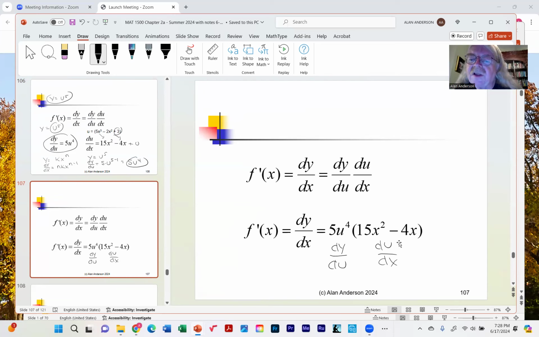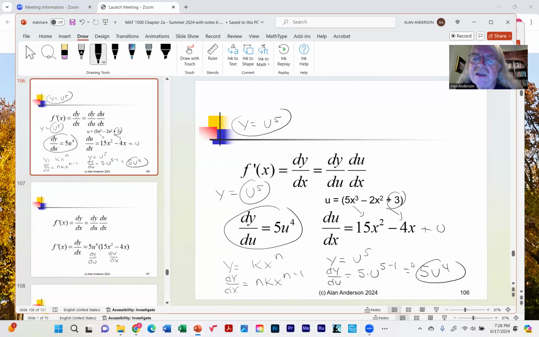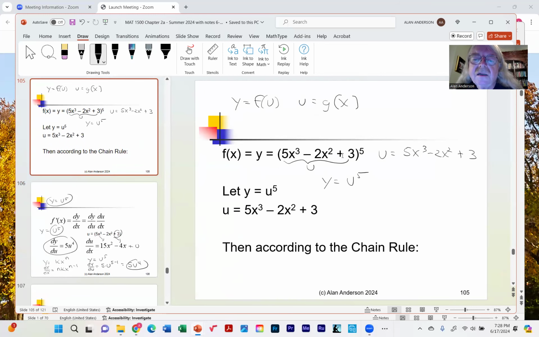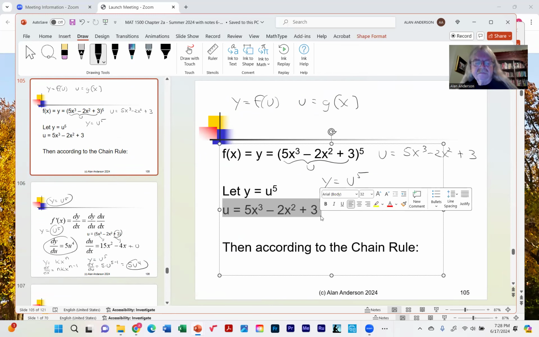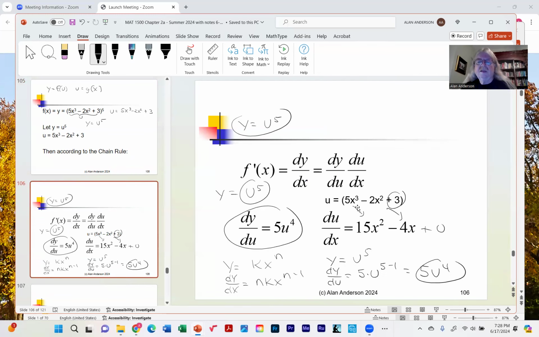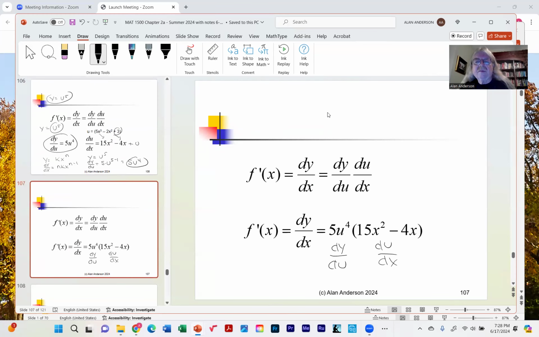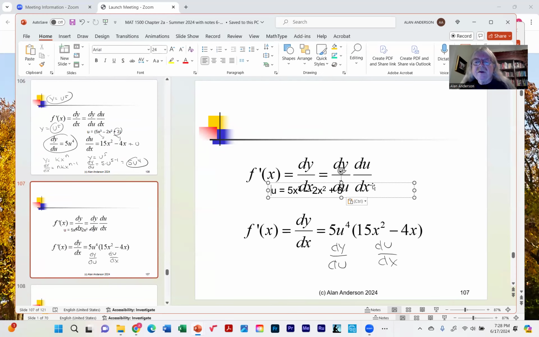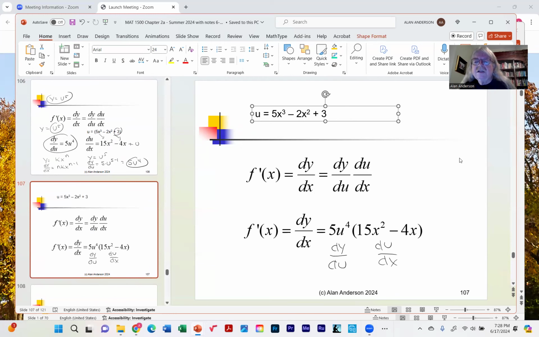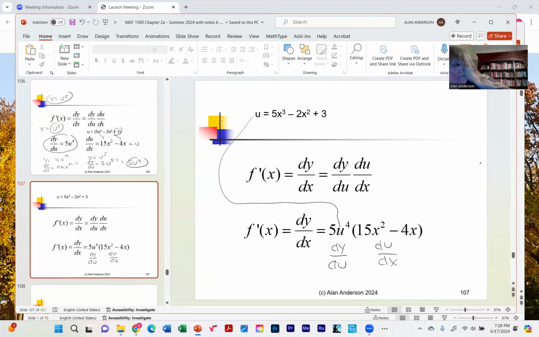We want an answer that's in terms of x, but we've already defined u to be here. Let me put this up here so we can remember. As you'll see in the next slide, we're going to replace this u with what we have here.